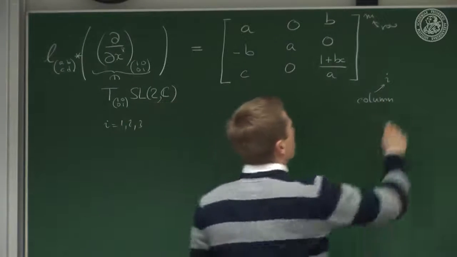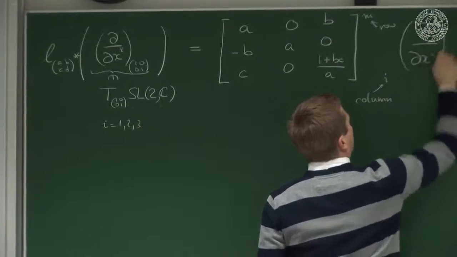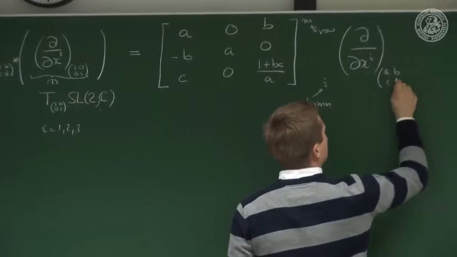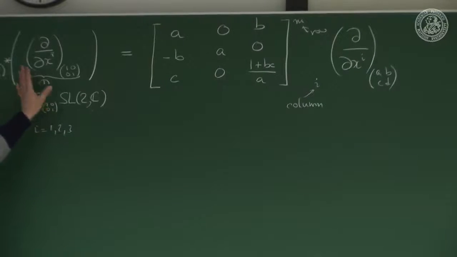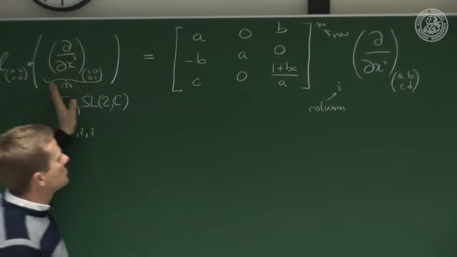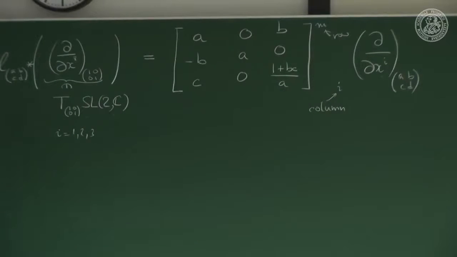And this is to be multiplied by d by dxi, but now at the point ABCD of the underlying SL2C manifold. So from three tangent vectors at the point, we construct three left invariant vector fields of this form.